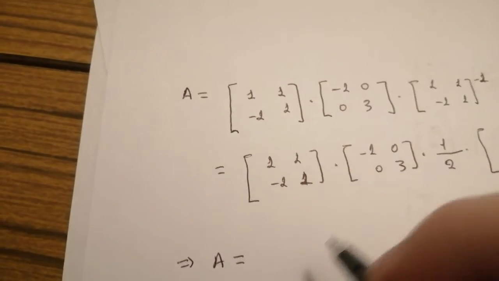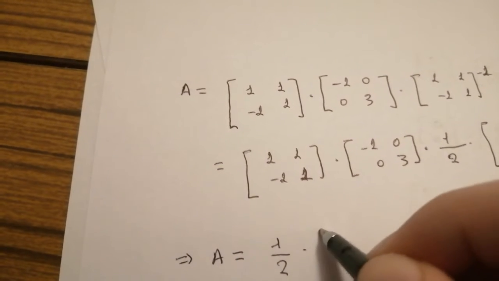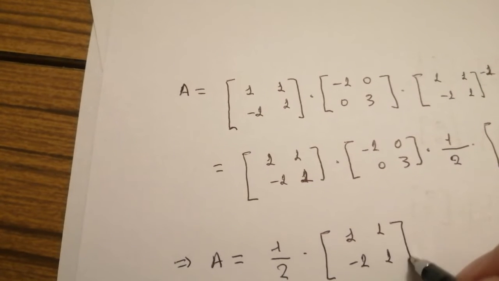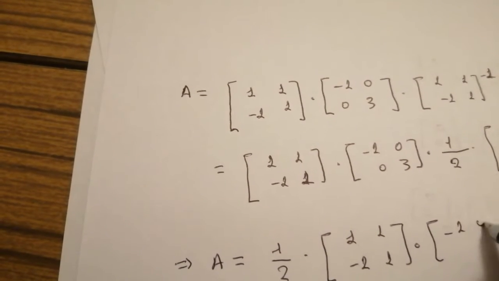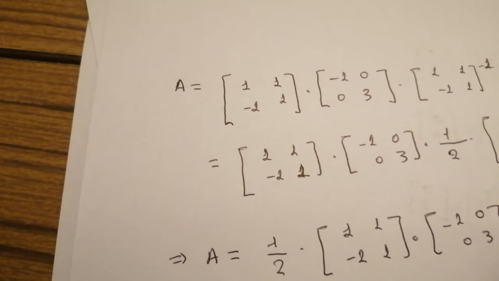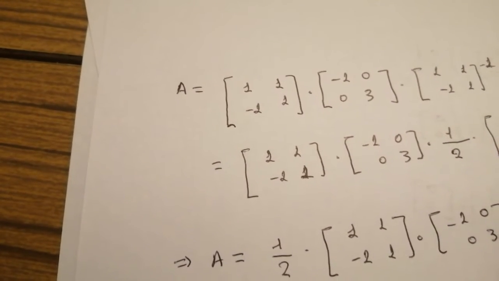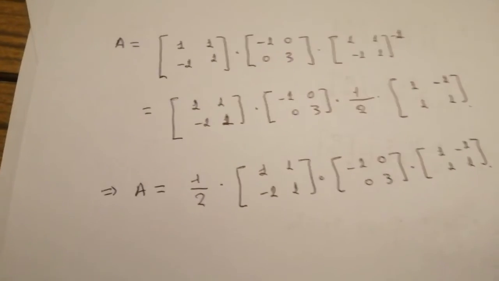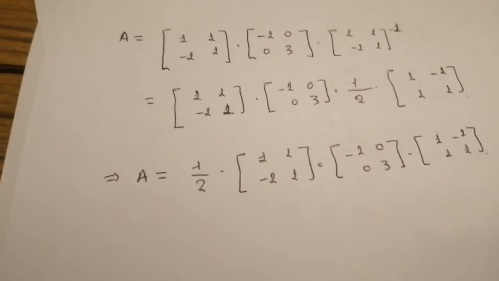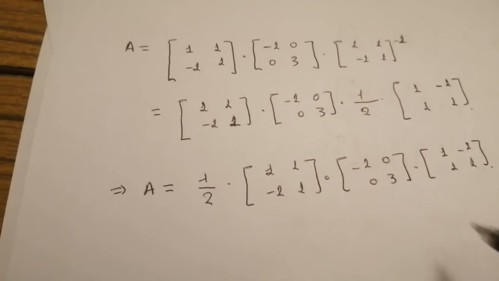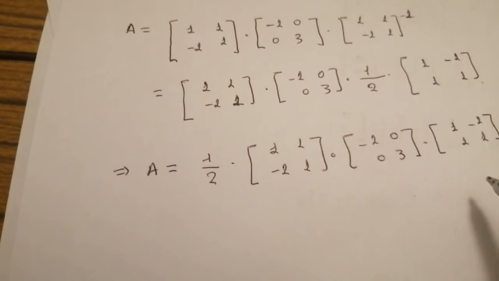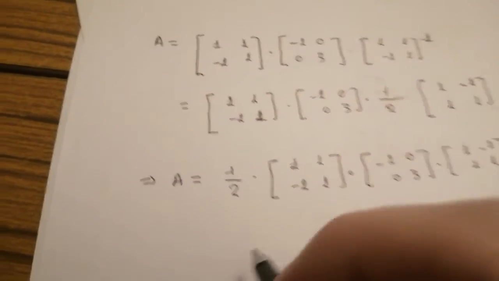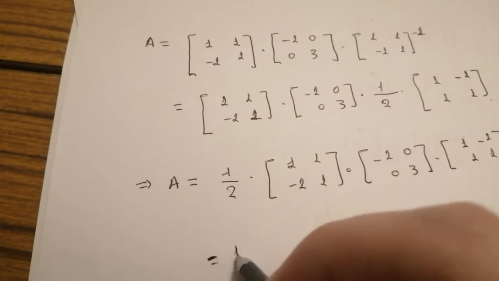So A is 1 over 2 times [1, 1; minus 1, 1] times [minus 1, 0; 0, 3] times [1, minus 1; 1, 1]. We have completed the diagonalization. Now let's see if this gives us the original matrix, 1, 2, 2, 1.